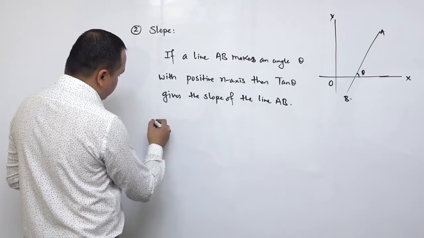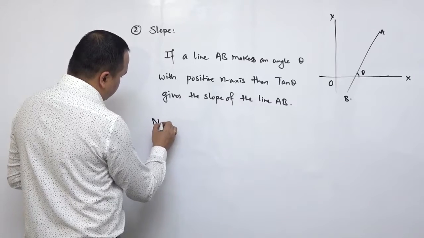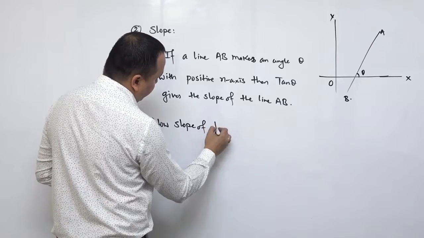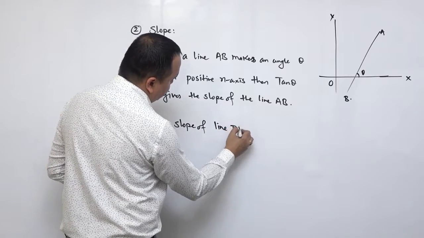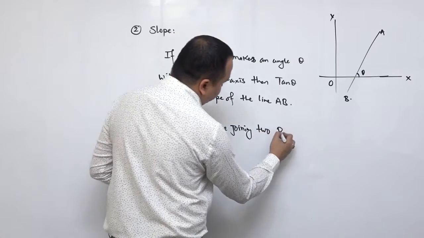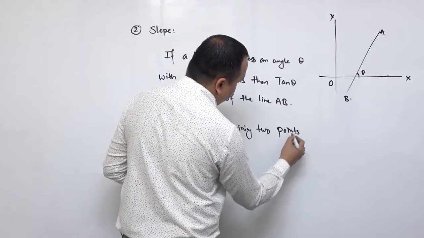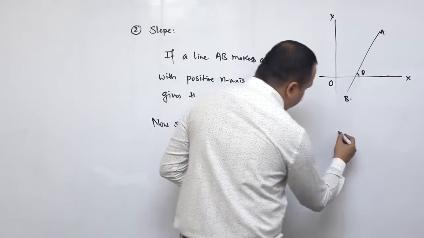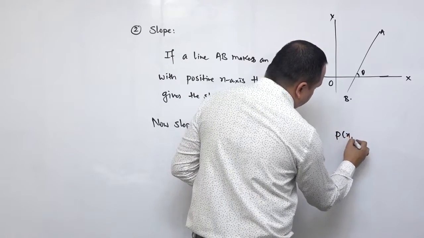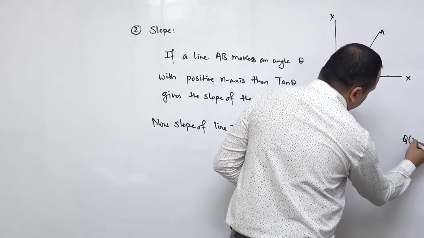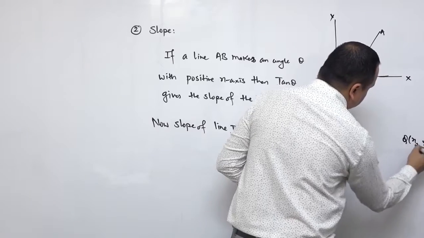Now the slope of the line joining two points. The slope of the line joining two points P(x1, y1) and Q(x2, y2).